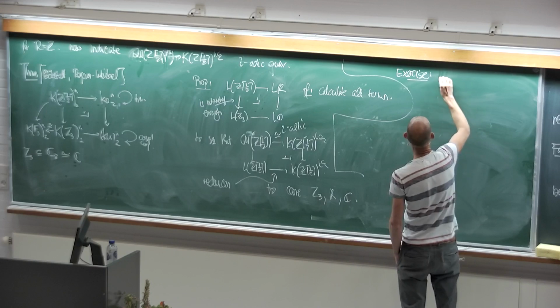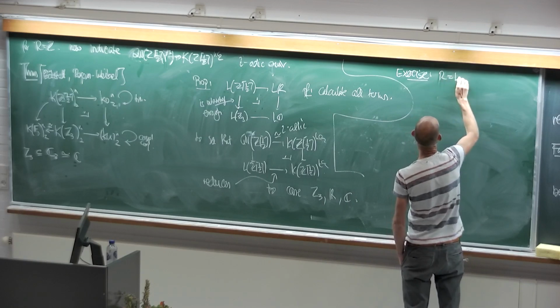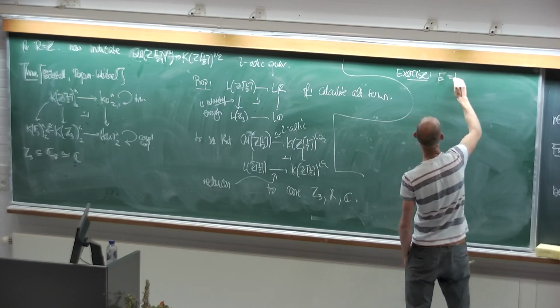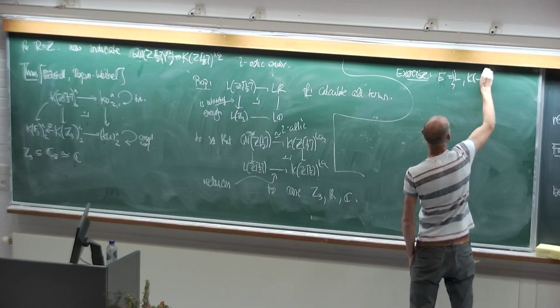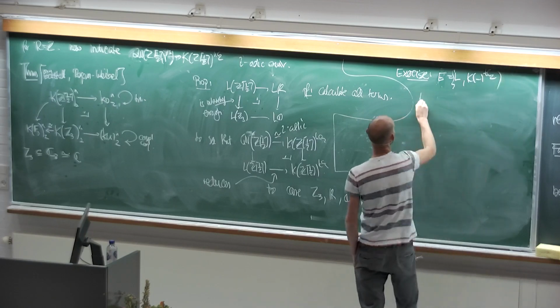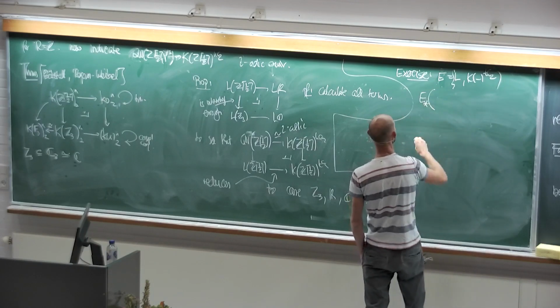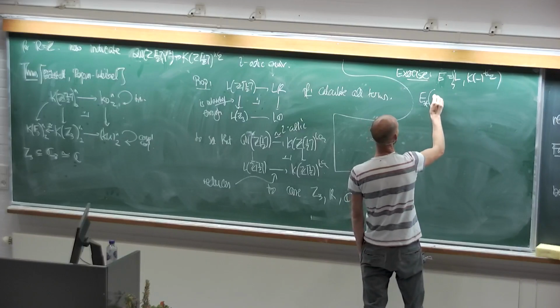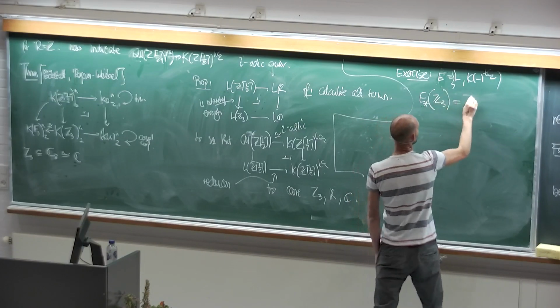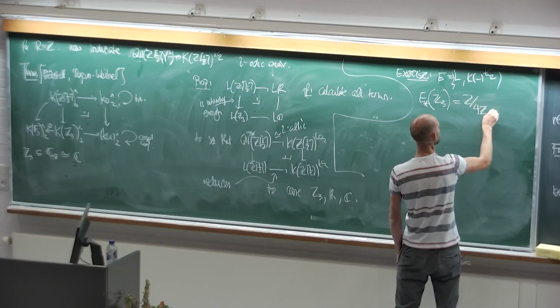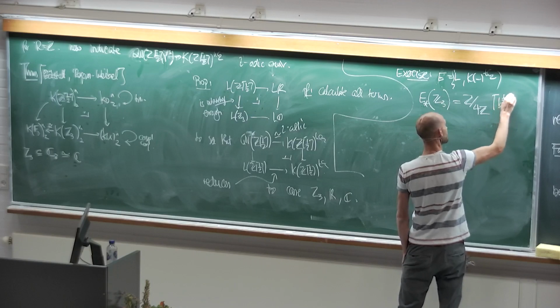So let me call E either L theory or Tate of K theory. And then the statement is that if you evaluate this functor on Z3, what you'll get is Z4 adjoint B plus minus 1.